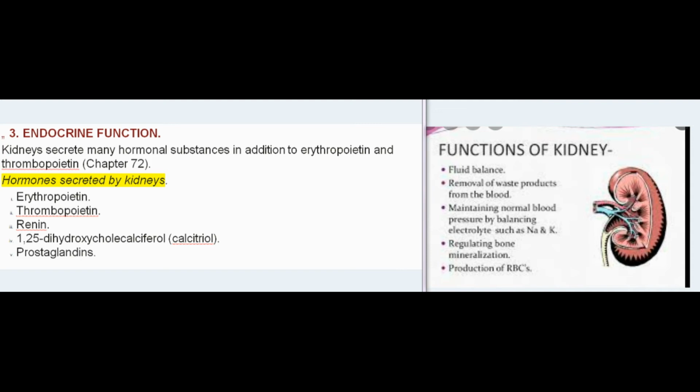Endocrine function. Kidneys secrete many hormonal substances in addition to erythropoietin and thrombopoietin, Chapter 72. Hormones secreted by kidneys: Erythropoietin, thrombopoietin, renin, 1,25-dihydroxycholecalciferol, calcitriol, prostaglandins.